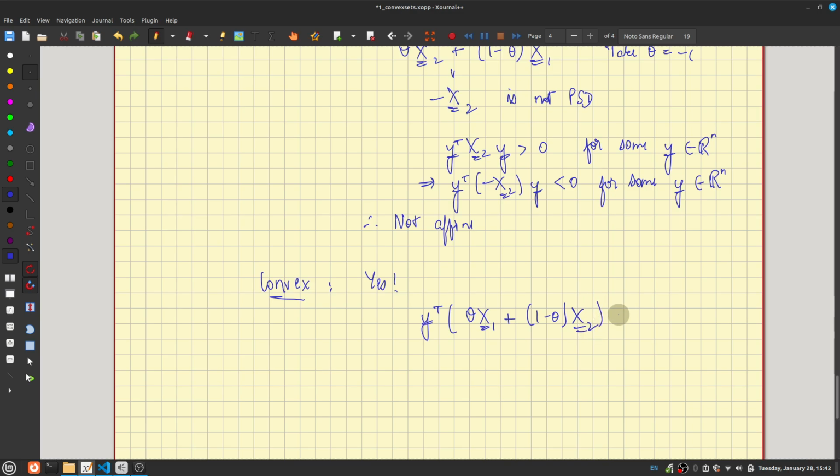This is nothing but theta times y transpose x1 y plus 1 minus theta times y transpose x2 y. This is greater than or equal to 0 because x1 is PSD. This is greater than or equal to 0 because x2 is PSD. So this combination is also greater than or equal to 0 because both theta and 1 minus theta are greater than or equal to 0.